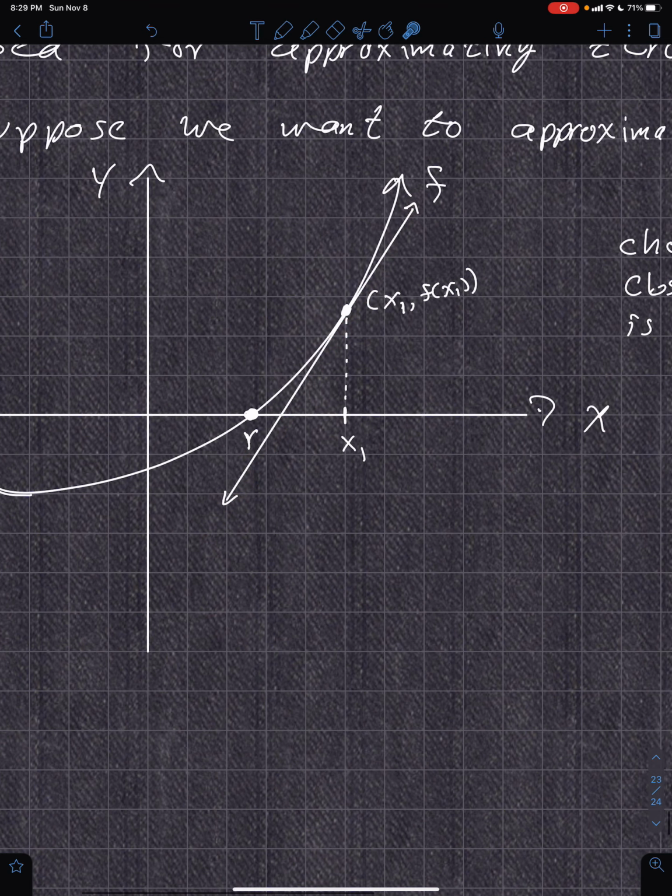Okay, and you can see, if you picked a point over here, the same thing would occur. Like you do a tangent line and it's going to hit here. So this value here, we're going to solve for. This value is going to be an x-intercept. I'll derive this in a second. That'll be x2, and you'll be able to solve for that.